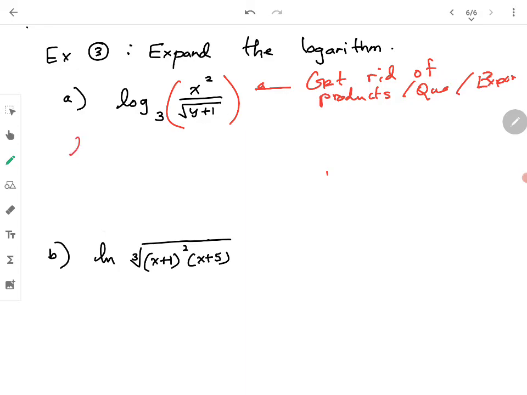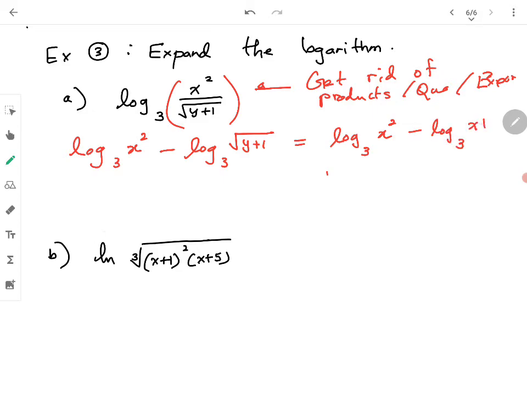So here you start with a quotient, so you can write it as a difference using the quotient rule. Then if there are square roots or any roots, convert them into powers.